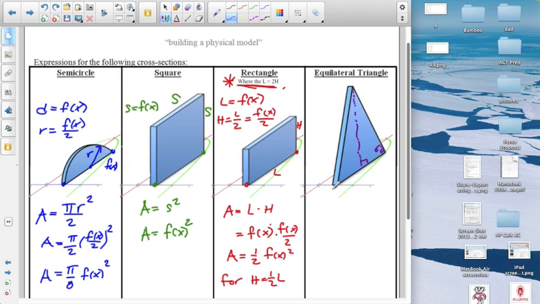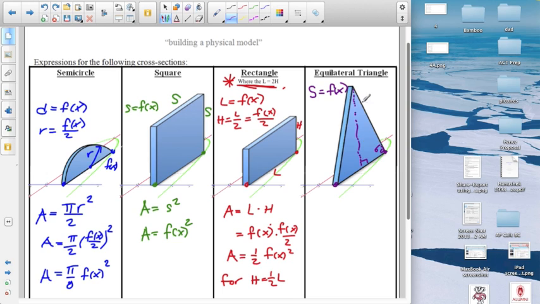And so this base extends all the way from one end of the equilateral triangle to the other. So if we look at that side, then we notice that the side, one edge of that equilateral triangle is in fact the function itself.